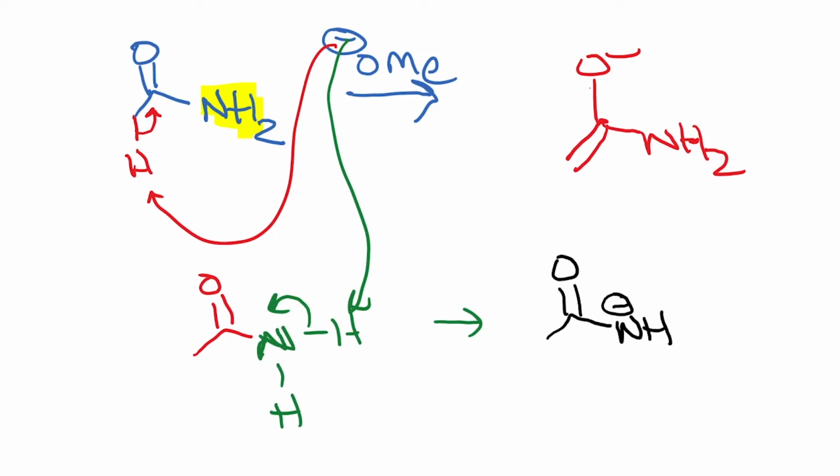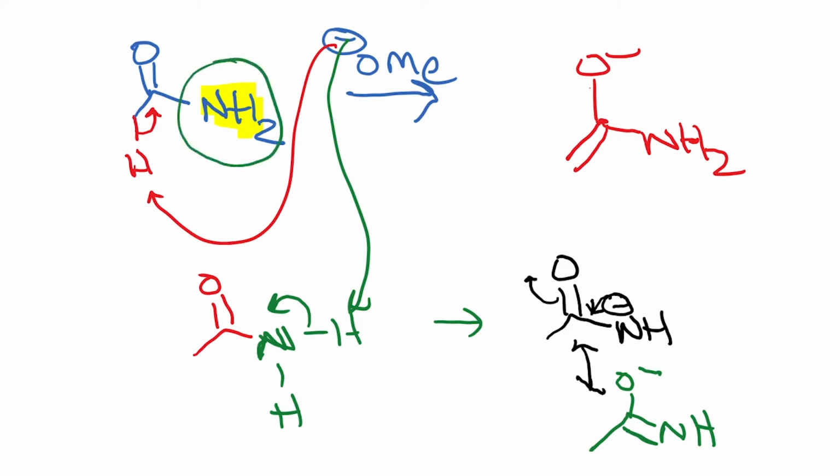One of the reasons why this amide anion is stable is that it can delocalize and produce the resonance form shown here, which is basically O minus double bond NH and CH3. We understand the stability of this amide ion by invoking this concept. So amides, or at least amides with an NH2 on them, are not conducive to producing an enolate because of the formation of this kind of anion.